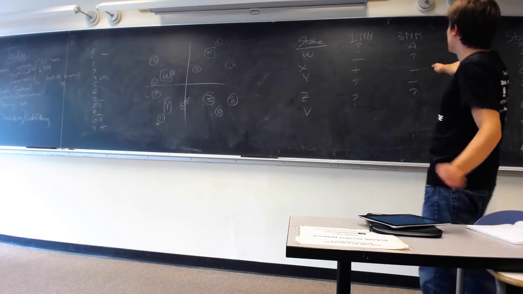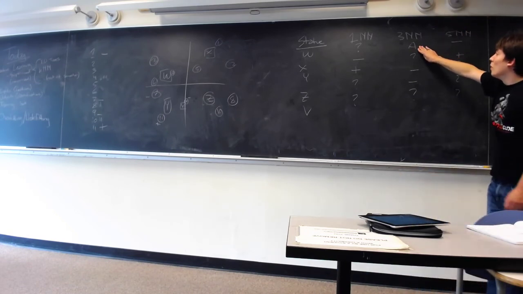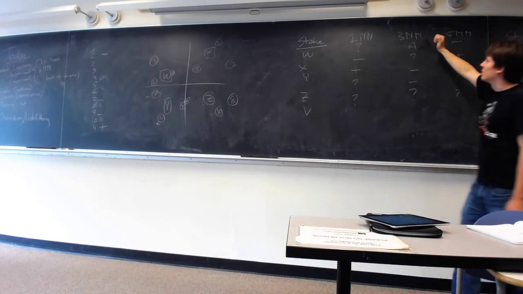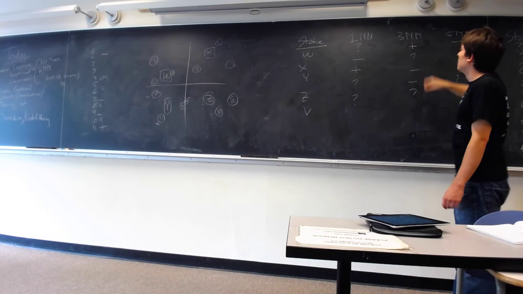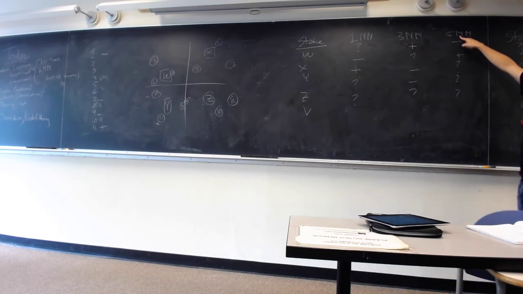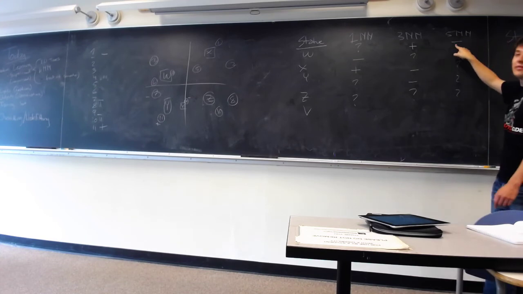Okay, here's something we can do. When W had 3, it was, oops, it should be a plus. It was an angel. But then when W was 5, when we considered 5 closest guys, it switched. So there we go. This thing switched from 3 to 5.